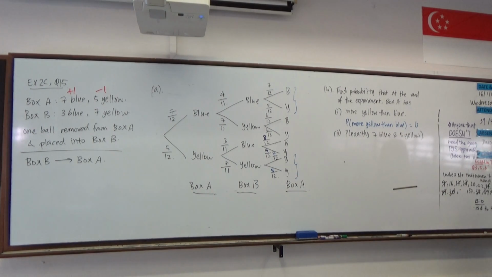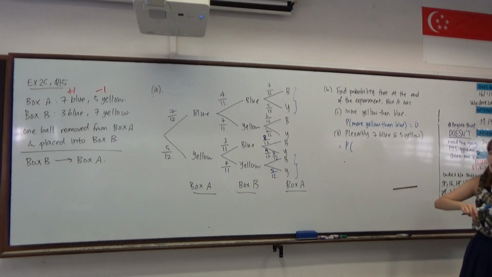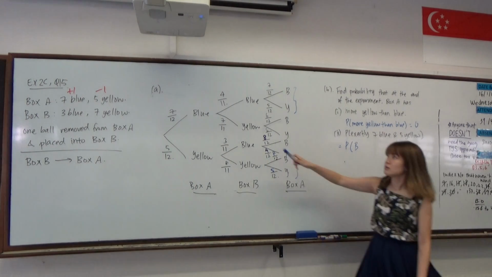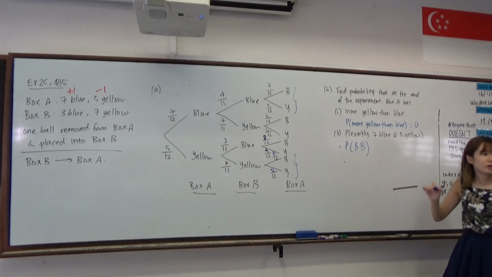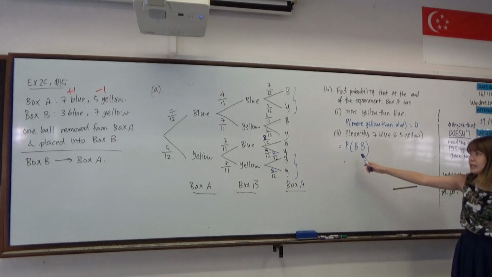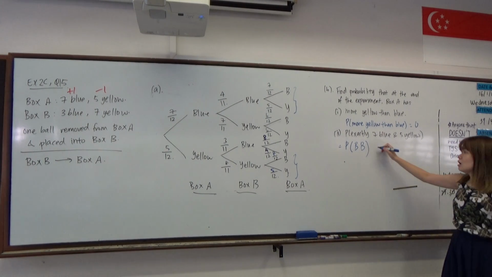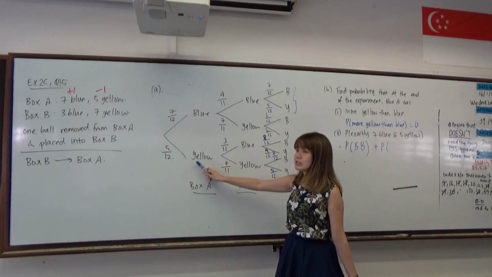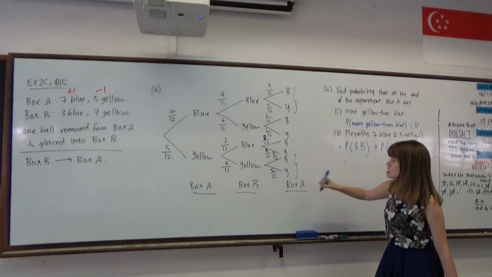So the probability in this case, for the events that we're discussing, it will refer to taking out a blue ball from box A, and then after that taking out a blue ball from box B. Alright? So the first combination will be blue from box A, then blue from box B. Okay? Or else it would be a situation whereby it is a yellow from box A and then a blue and then a yellow from box B.